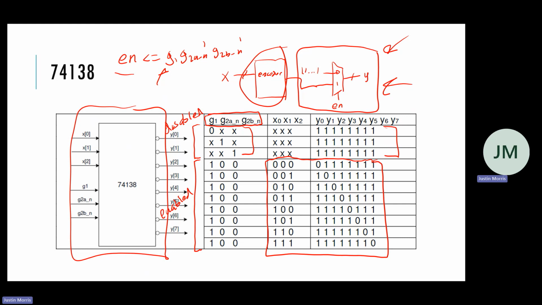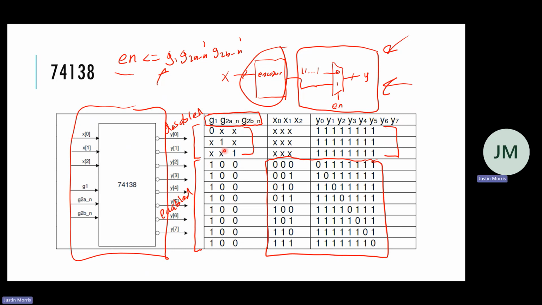Okay. So I'll switch to laser pointer so I don't mark up the slides anymore. But basically, we're enabled if G1, G2AN, G2BN are 1, 0, 0. And that means that we're going to take the normal output of this encoder.